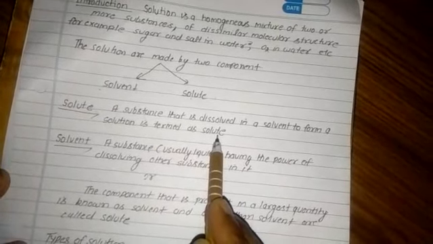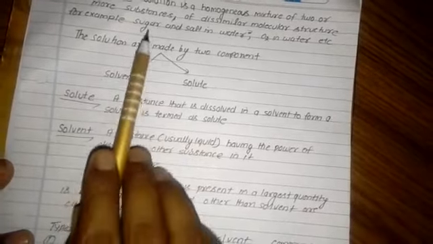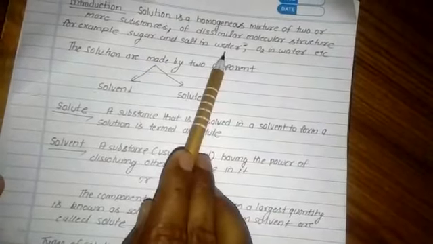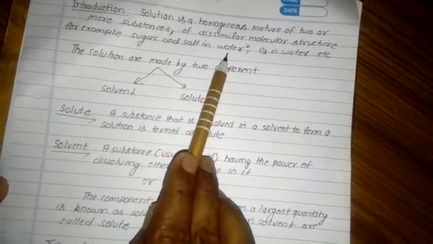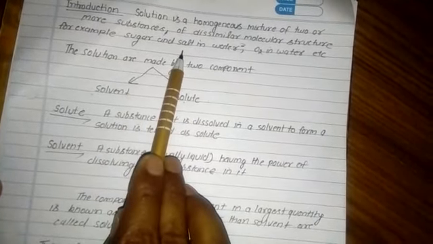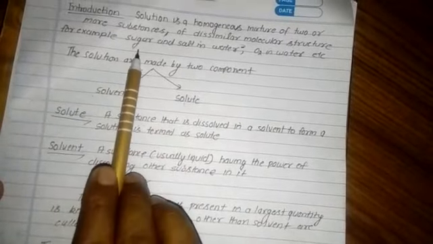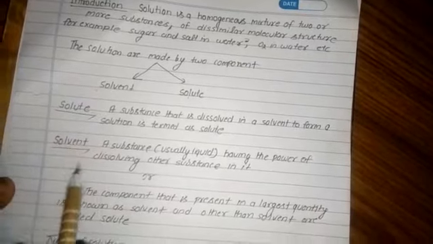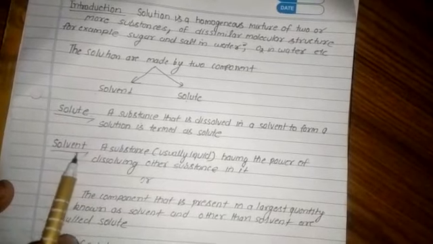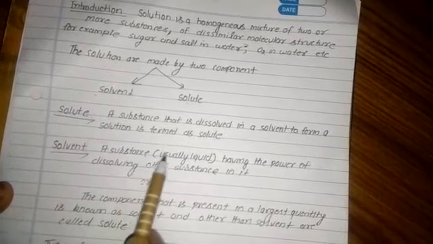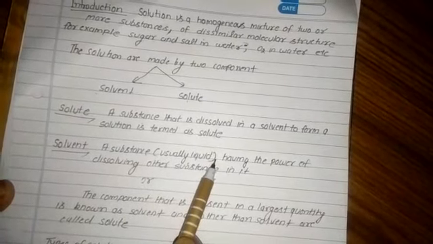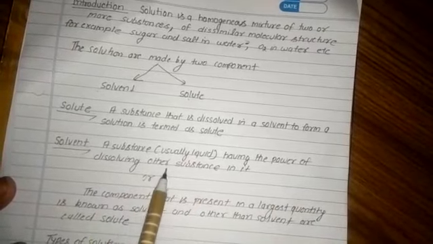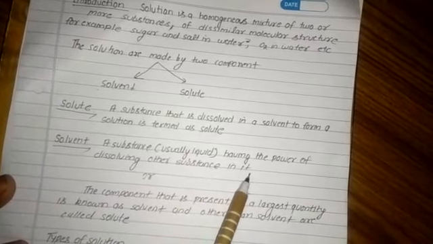For example, when we dissolve salt or sugar in water, water dissolves the sugar and salt, and the sugar and salt are called solute. Another definition: solvent is a substance, usually liquid, having the power of dissolving other substances in it.